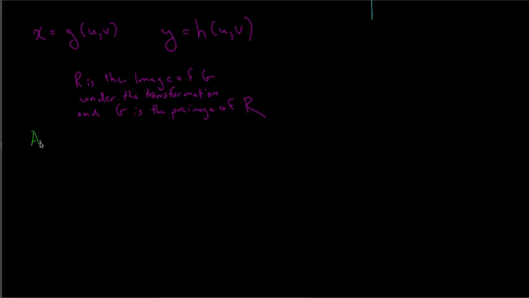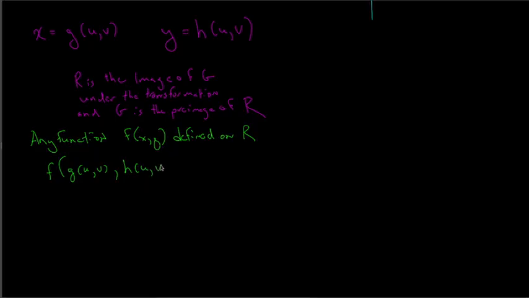If we get some definitions in here. Any function f of xy defined on R, well, that becomes f of g uv, h uv, right? We're substituting variables across, and so this is defined on G then.